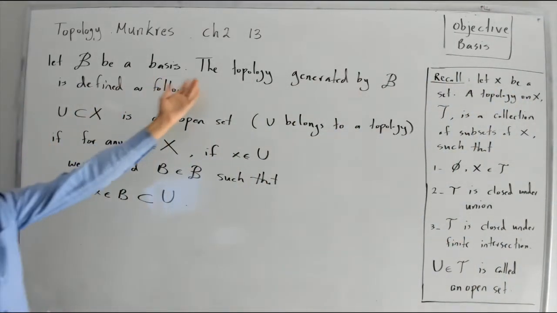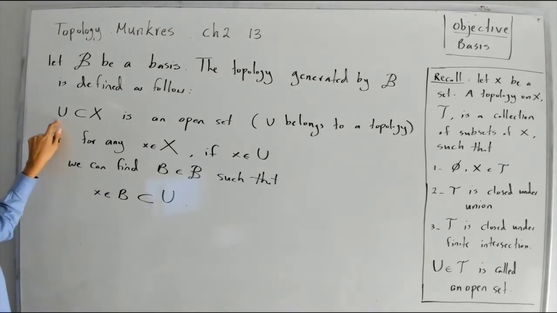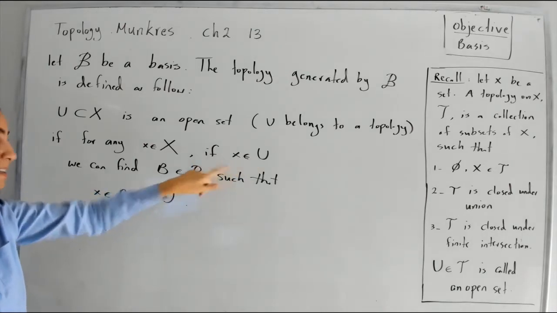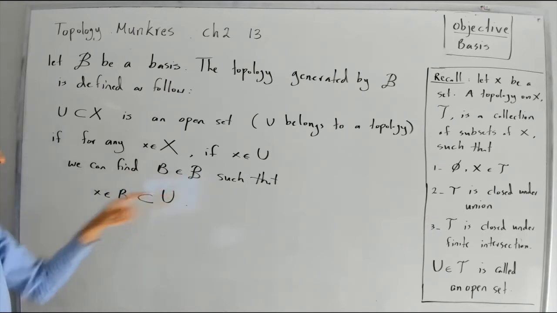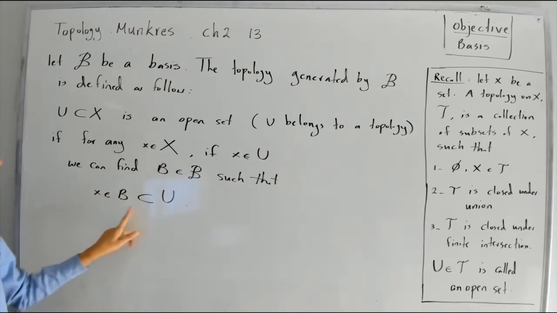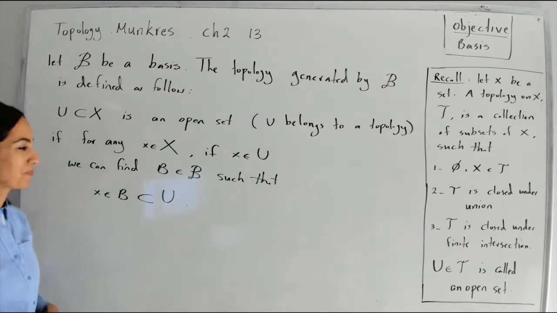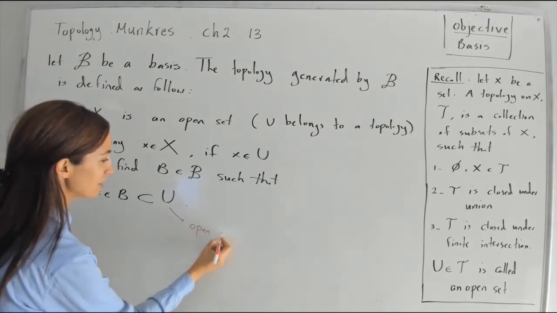So when we're talking about the topology generated by beta, we are talking about the elements in tau, like U. We say that U is an open set if, for any X in U, you can find a basis element like B such that X belongs to B and it's included in U. So U in this case is an open set.